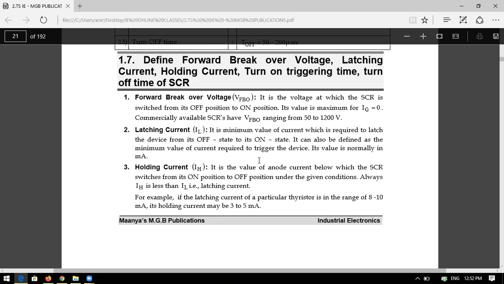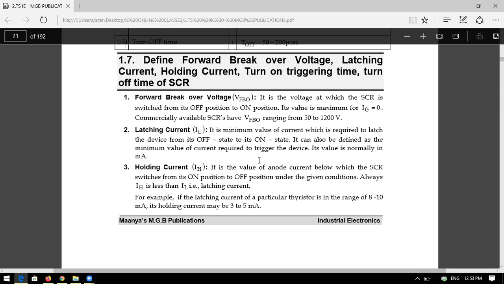Holding current is related to the turn off time. What does holding current mean? It is the value of anode current below which the SCR switches from its on position to off position. You have to remember these words. For latching current, it is above which the device goes from off state to on state. Here, below which it goes from on state to off state.